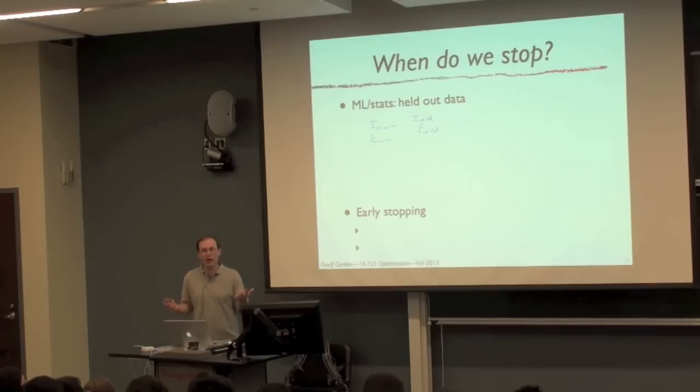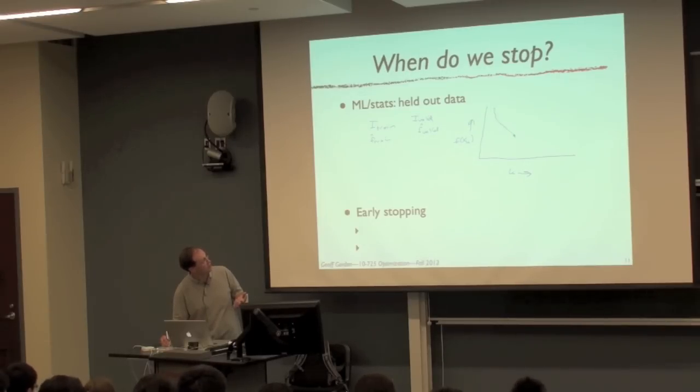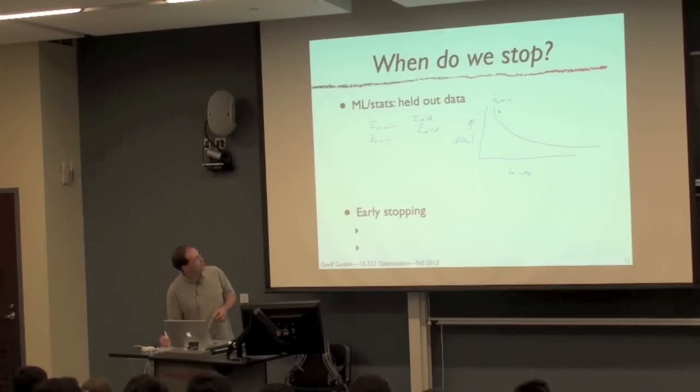As we do gradient descent, if we plot f of x_k on this axis against the iterations k of gradient descent, it'll start off high, and it'll just keep going down. It'll look something like that. This one here is for f hat train. If we do it on f hat validate, it'll typically look something like this.